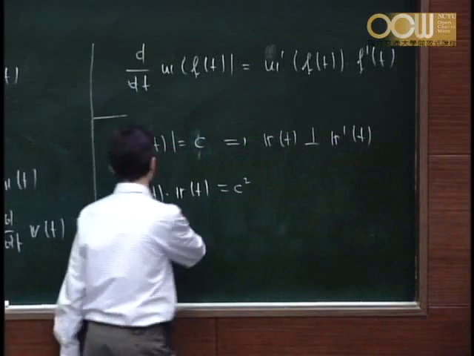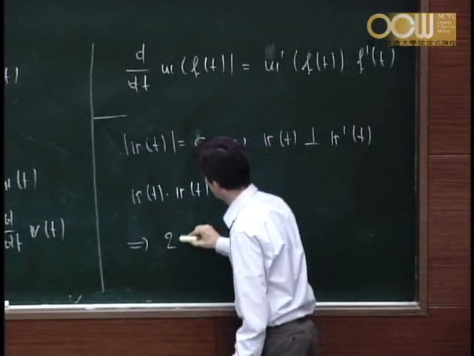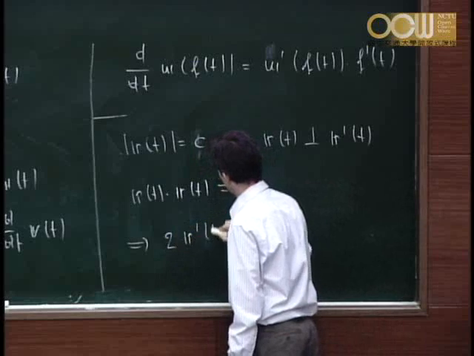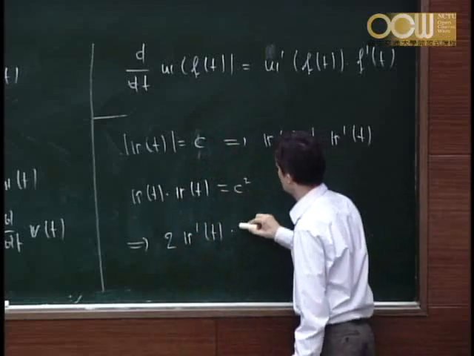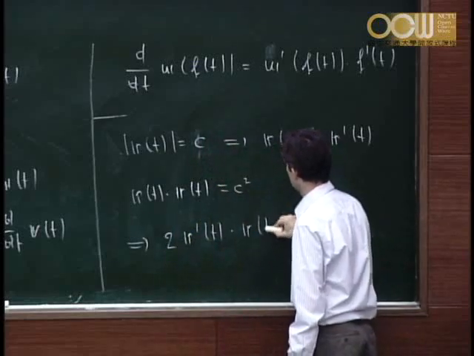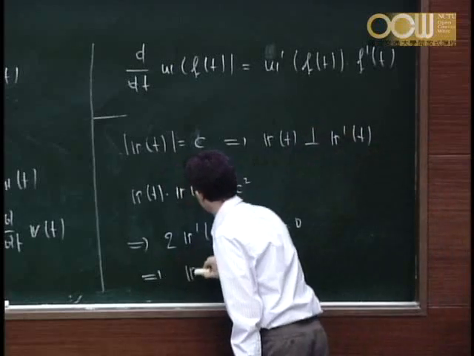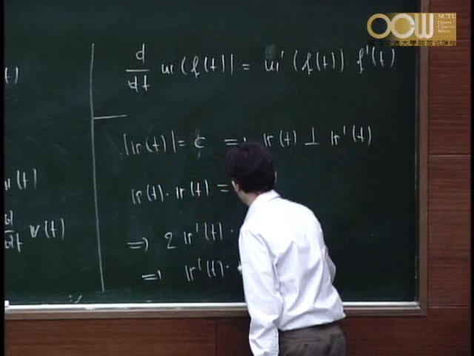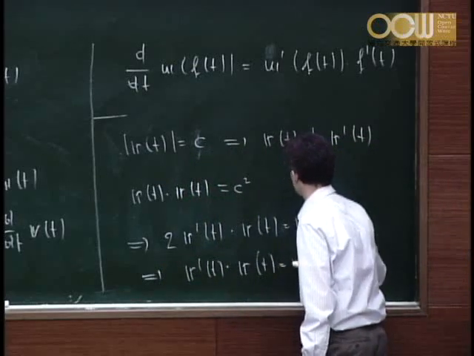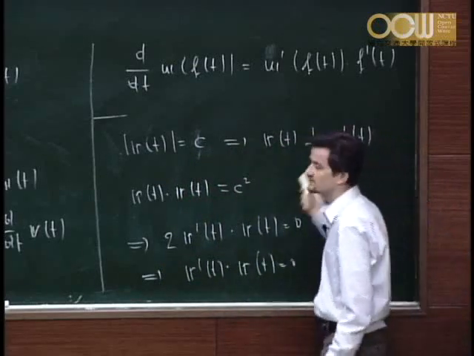If we take the derivative here, what we have is twice the derivative of r, the dot product with r of t, is equal to 0. Okay, so what you get is that the derivative of r of t dot r of t is equal to 0. And this already shows that this is satisfied here.